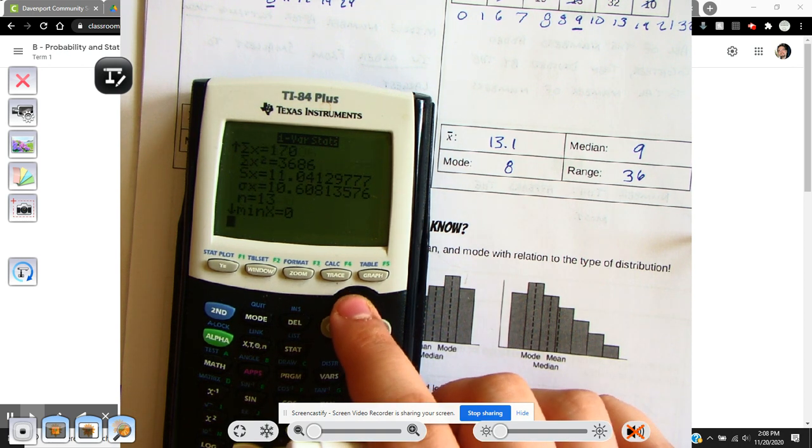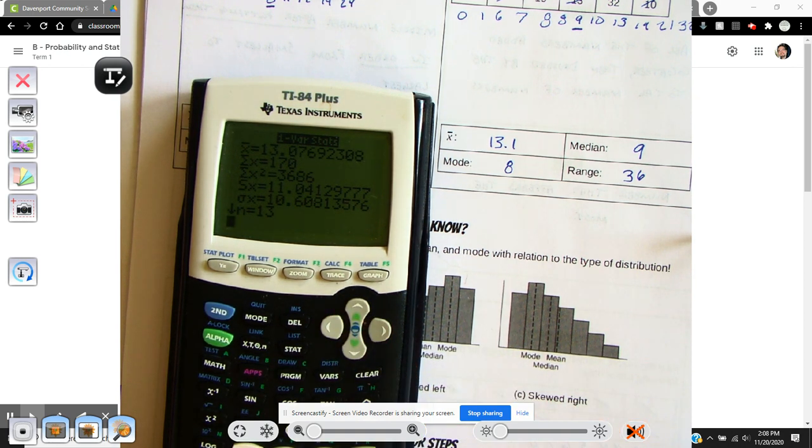And unfortunately, mode, the calculator does not tell you. So you're going to have to find which number appears the most. But your calculator steps will do this. In fact, when we get to the next lesson, and when we get to scatter plots, you'll be going into this stat button and making lists a lot.